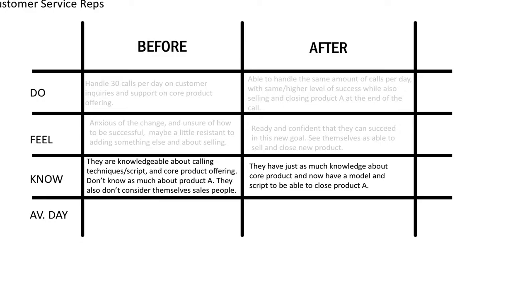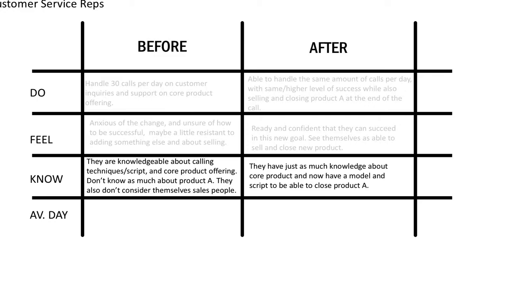So now they don't know as much about product A or the new product that they need to sell, and they may not consider themselves salespeople, which means they may need some additional training on how to sell or how to handle rejection or how to convince people to do something different, right? So there may be some additional knowledge there that needs to happen in order for them to be able to transform and be in that after state.